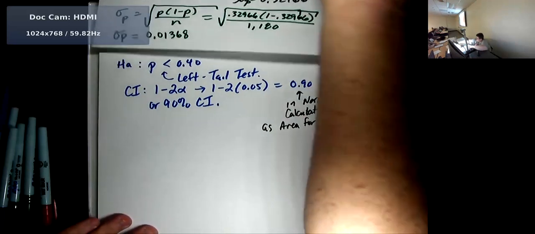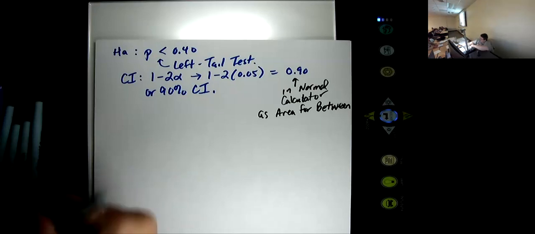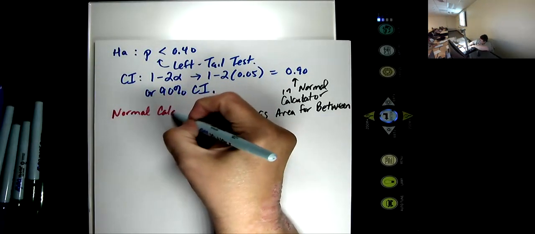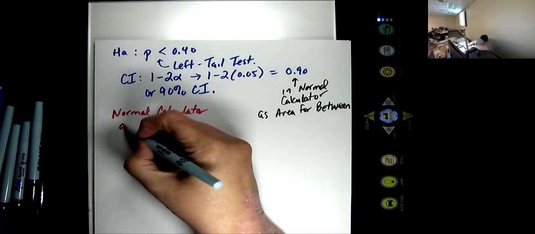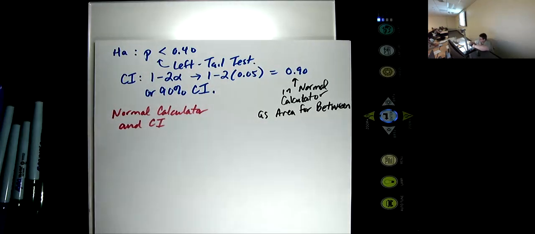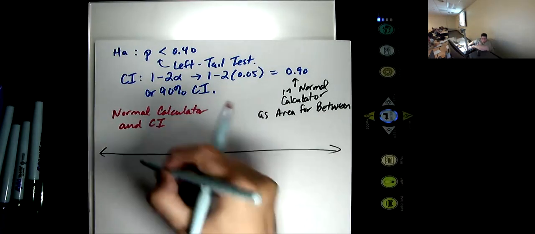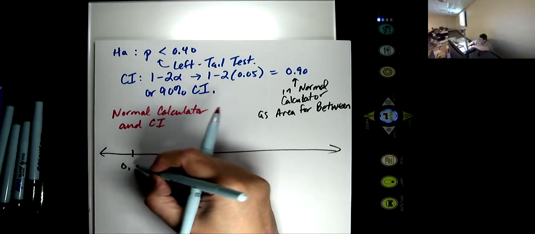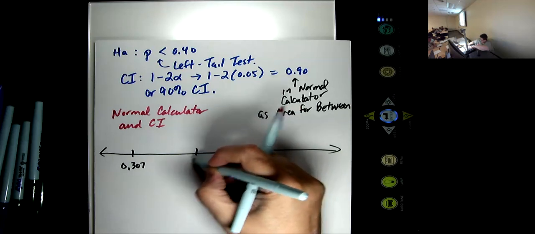So we had both normal calculator and CI give us these boundaries. It had 0.307 and 0.352.